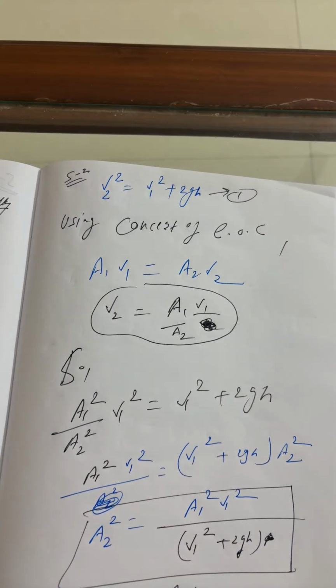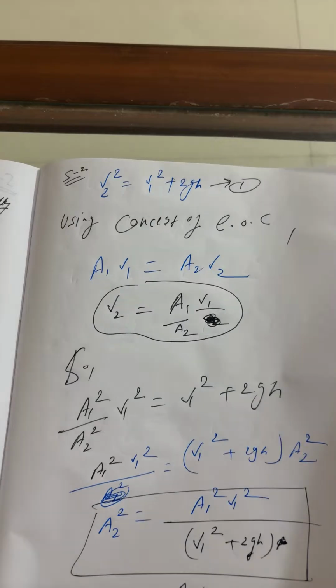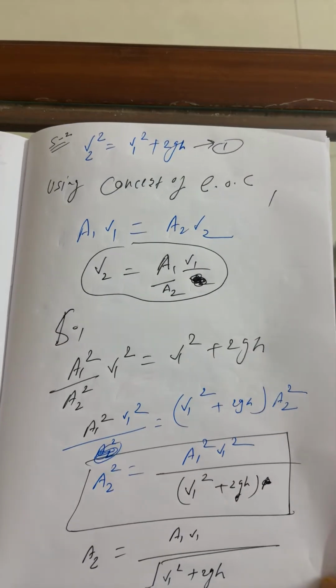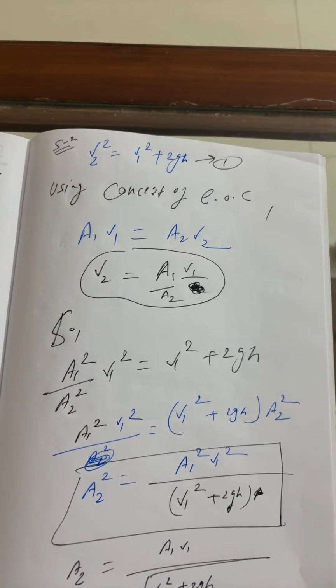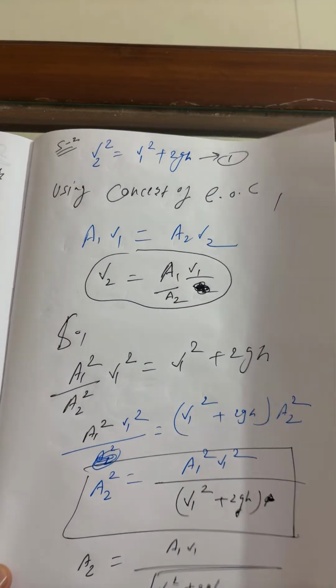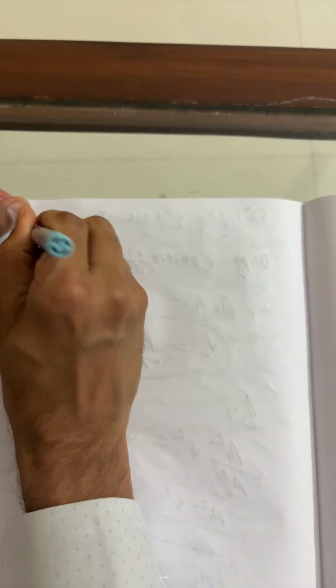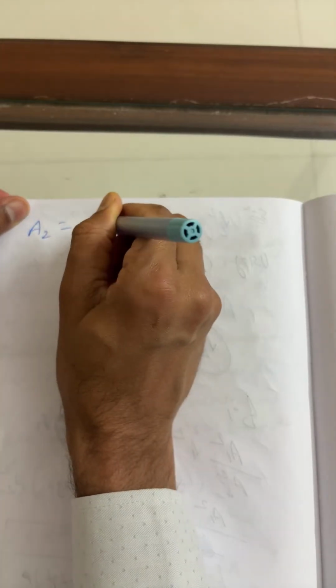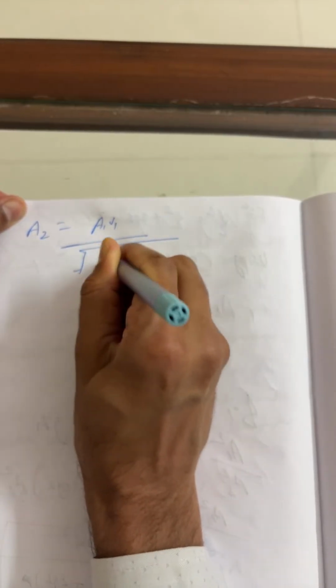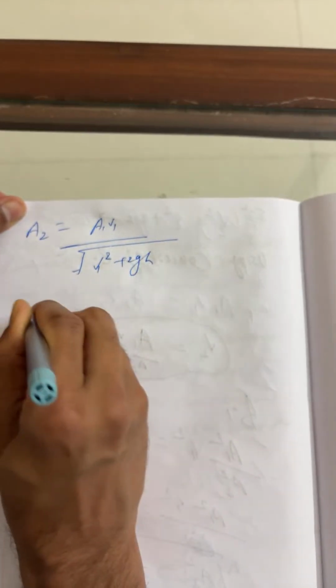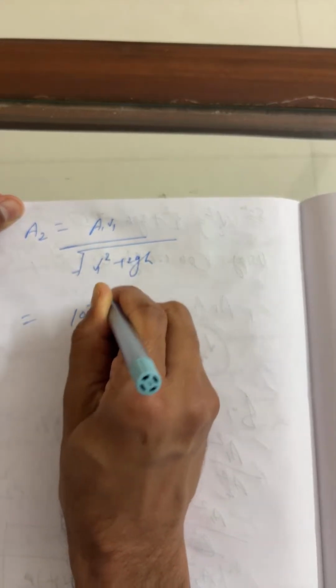A1 is 10 to the power minus 4. Take a snapshot of this expression, students. So A2 equals A1 V1 over the root of V1 squared plus 2gh. A1 is already mentioned as 10 to the power minus 4.